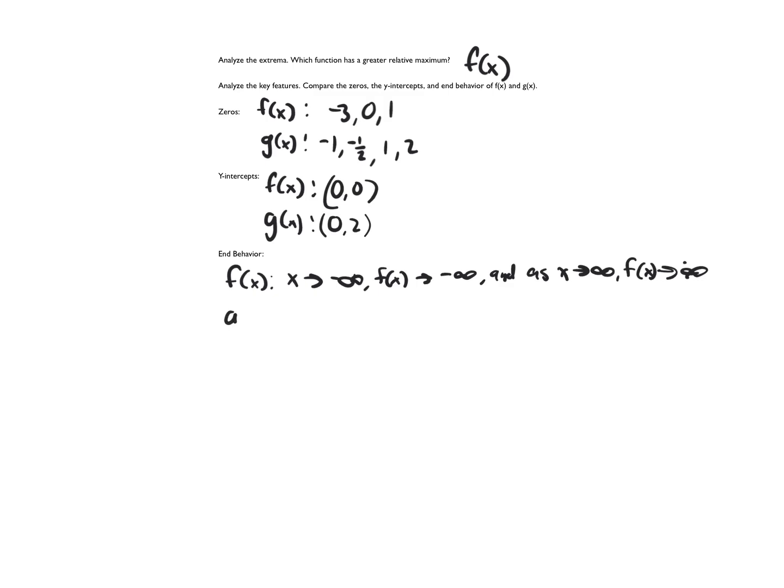Now, the end behavior for g of x was that as x approaches -infinity, g of x approaches positive infinity, and as x approaches positive infinity, g of x approaches positive infinity as well.